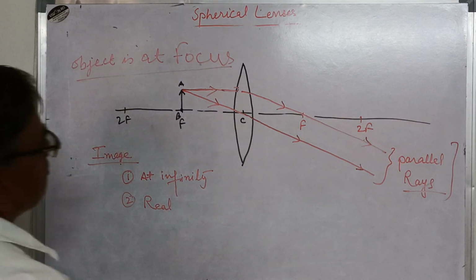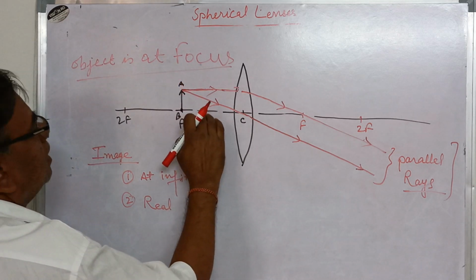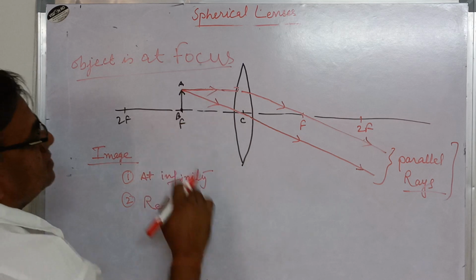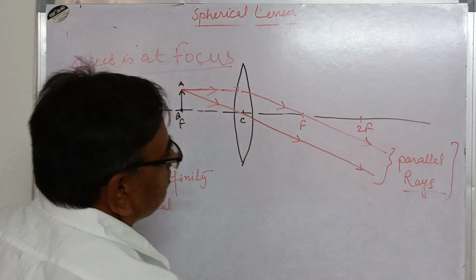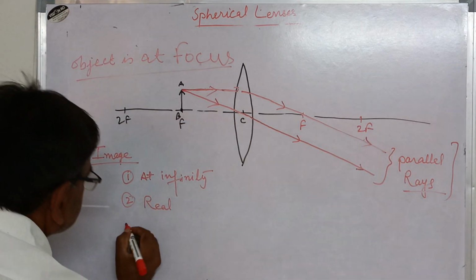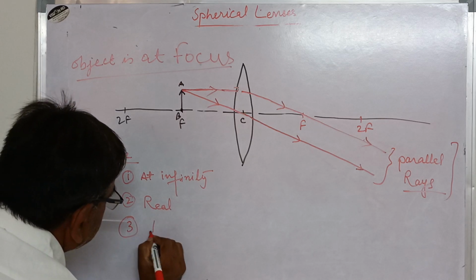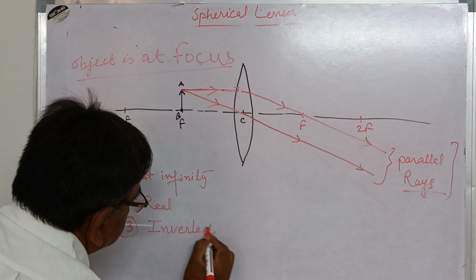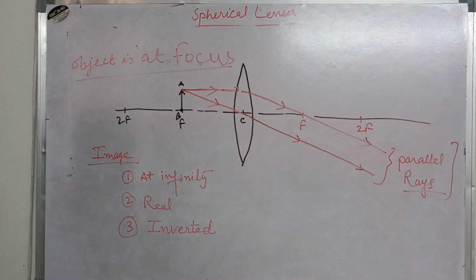And since the head is on this side, above the principal axis and the rays are going below the principal axis, so the image will be inverted, उल्टी बनेगी, image will be inverted.